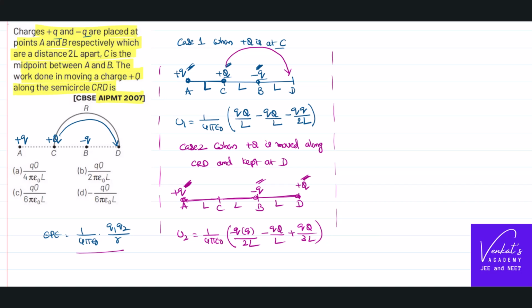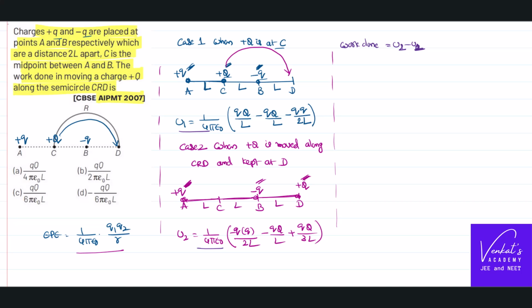So I can write the work done in this case as the difference between the potential energies. That work is stored in the form of change in potential energy. So I have to write U2 minus U1, that is final potential energy minus initial potential energy. In both U1 and U2, 1 by 4 pi epsilon naught is common.